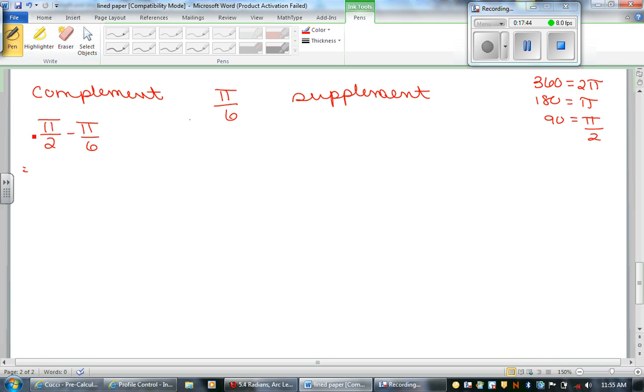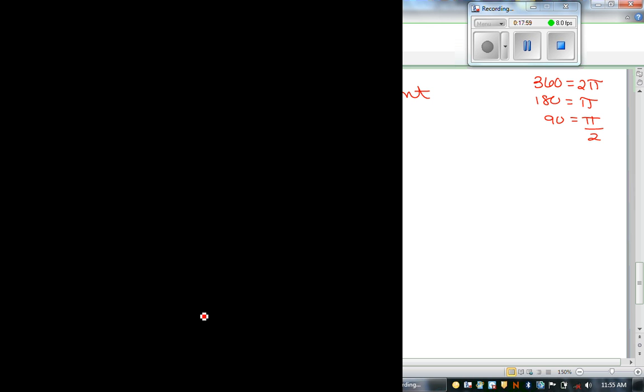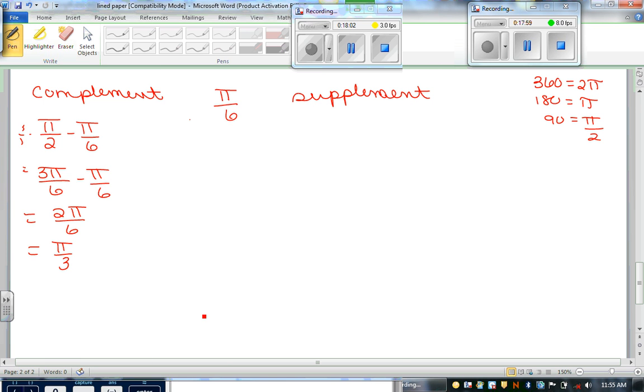So I'm going to have to multiply this by 3 over 3. So 3 pi over 6 minus pi over 6, which is going to give us 2 pi over 6, or pi over 3.